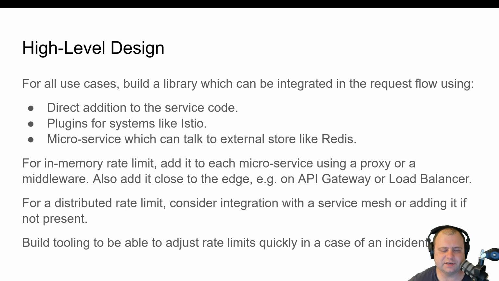That's a pattern which is very similar to a service mesh. So that's going to make things easier, whether it's using some system like Istio's built-in rate limiter, or maybe integrating your own system using a plugin. That can make things significantly easier. You really don't want the rate limiter itself to become a bottleneck.